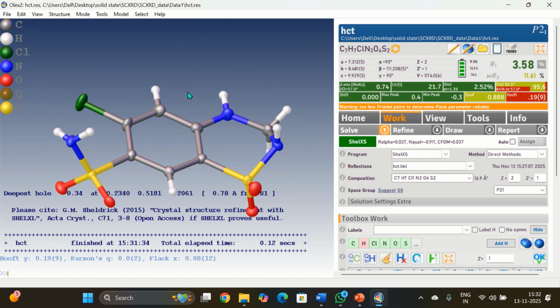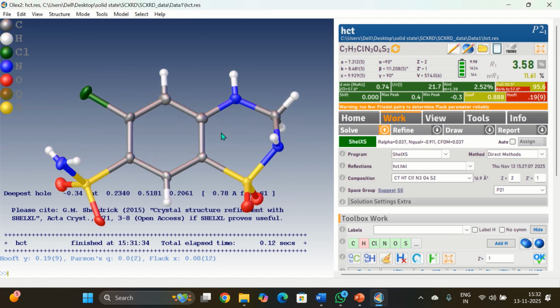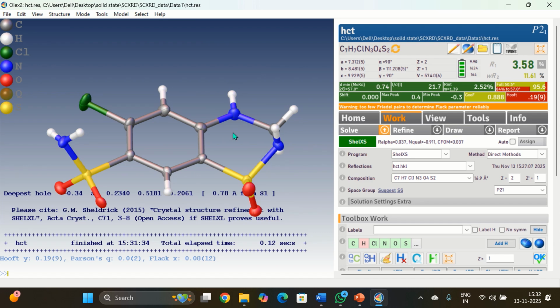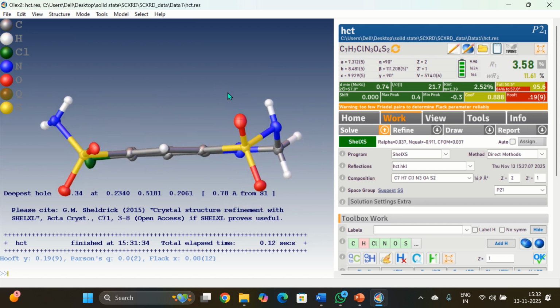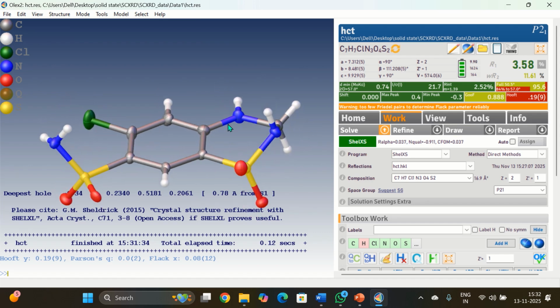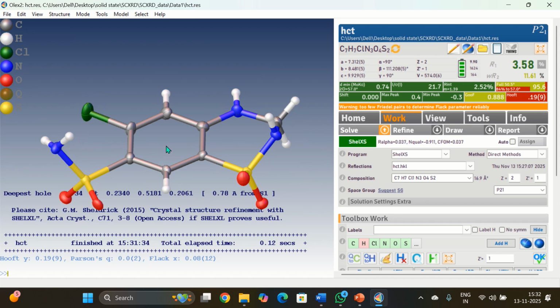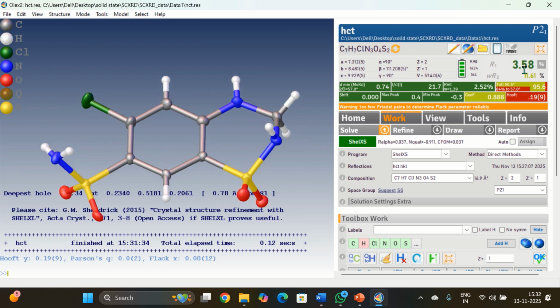So finally the structure of HCT has been drawn using Olex, which satisfies all the chemical requirements, the valency requirements, and is in good agreement with the R factor, and the shift between the maximum peak and minimum peak is also reliable. So we can say that the structure that has been drawn is very close to the original structure.